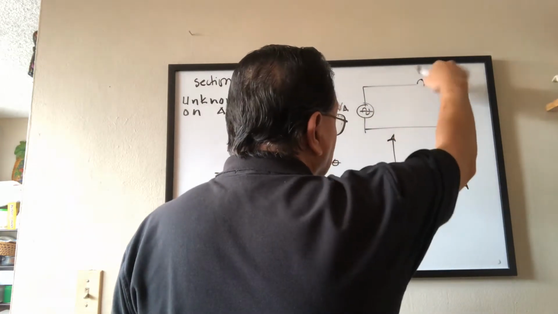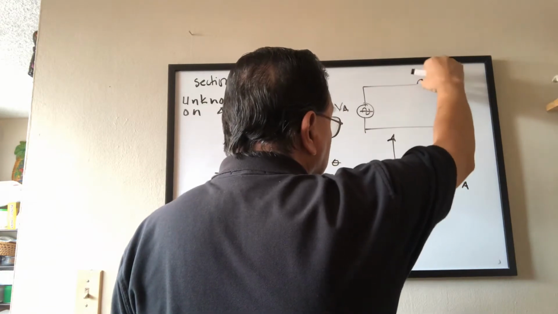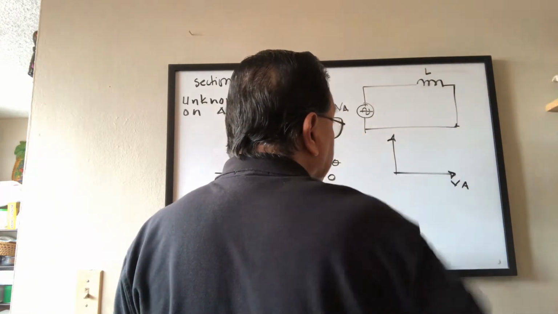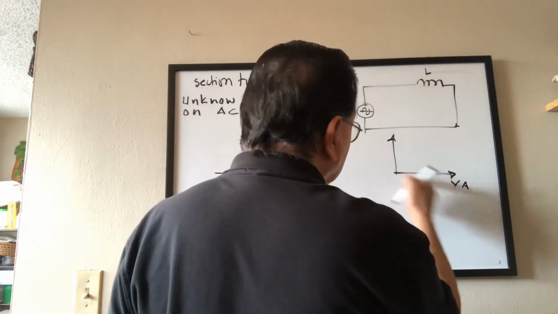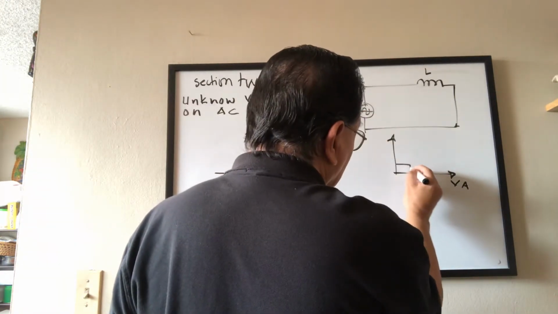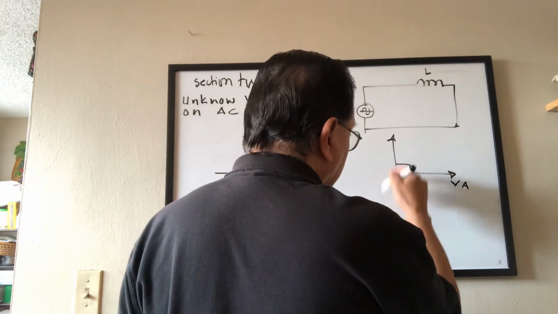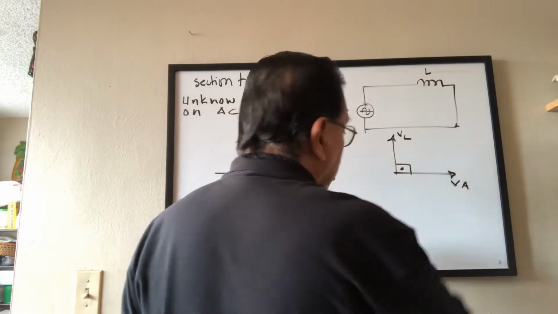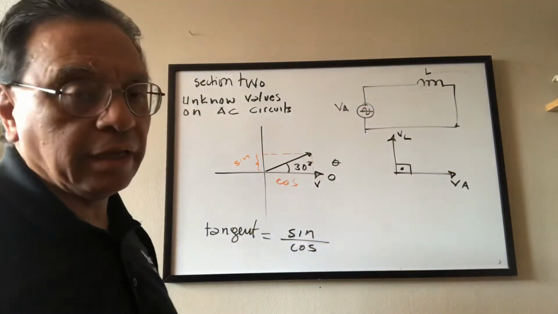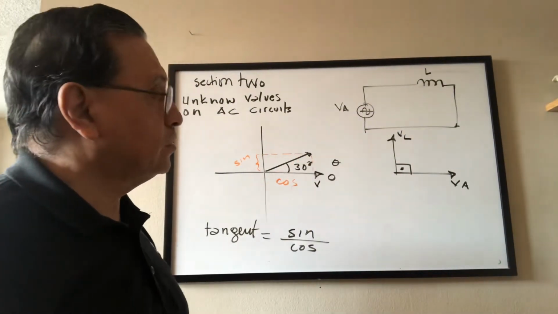The voltage that will be induced and produced by the inductance will be 90 degrees ahead in regards to VA, the source voltage.